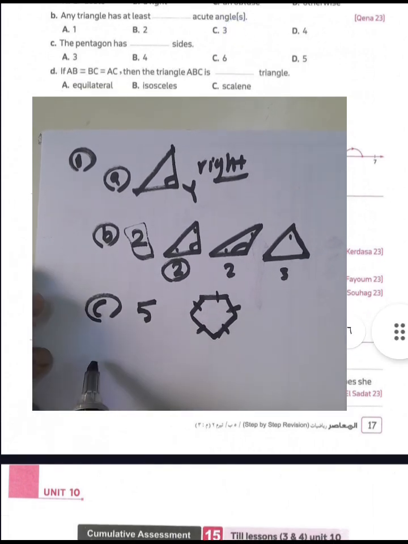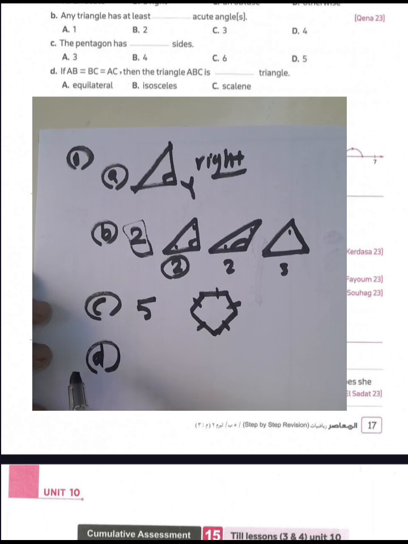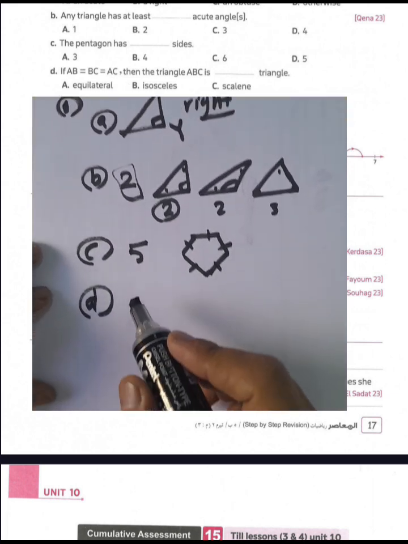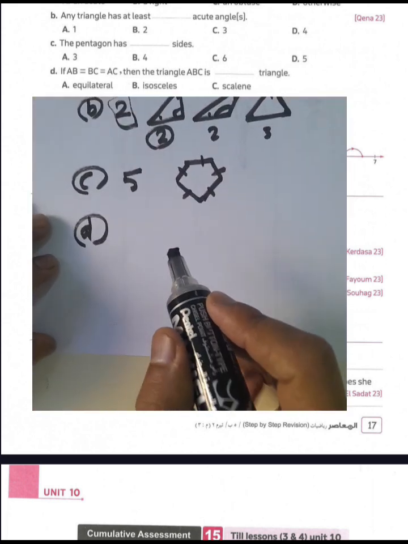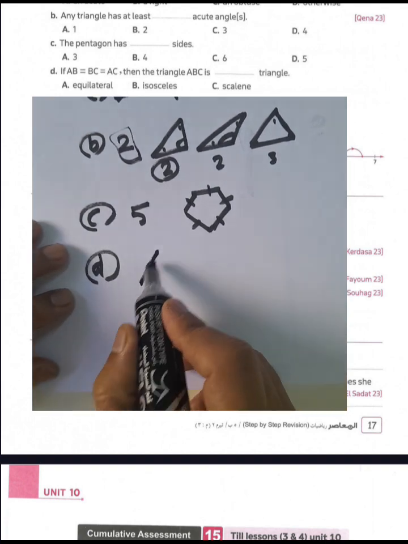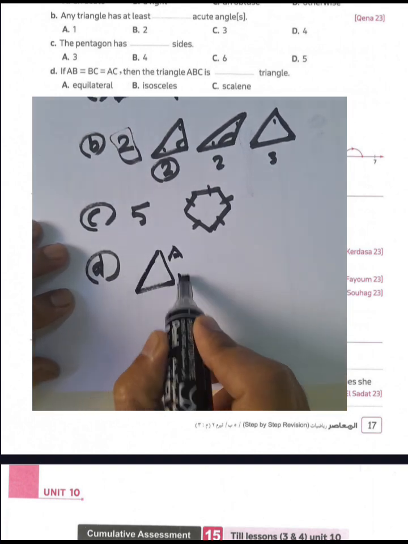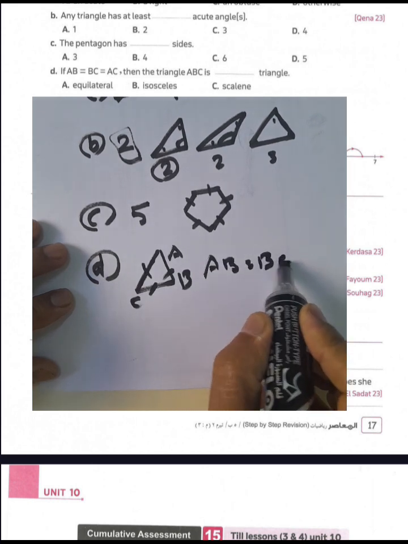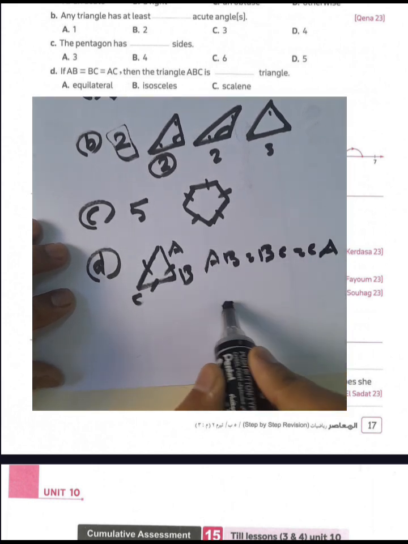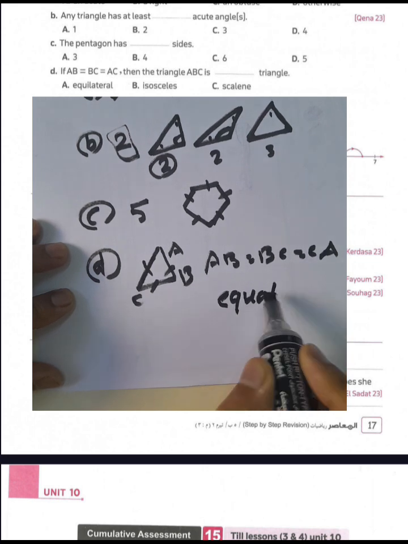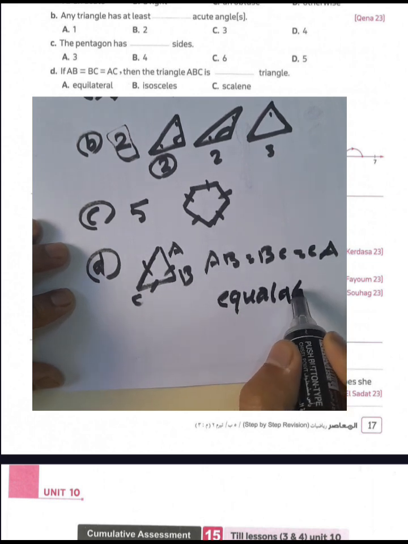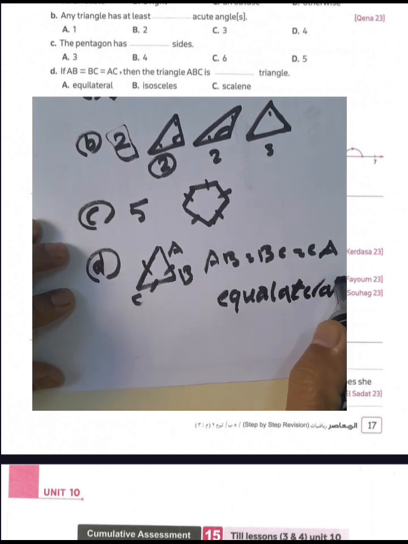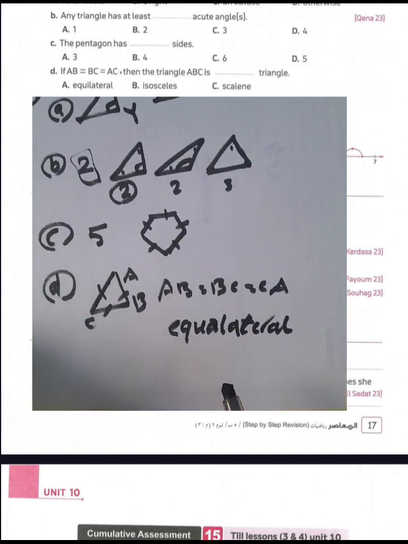Question letter D. If EB equals BC equals EC, then the triangle EBC we call an equilateral triangle. We have 3 sides equal in length. EB equals BC equals CA. We call it equilateral.